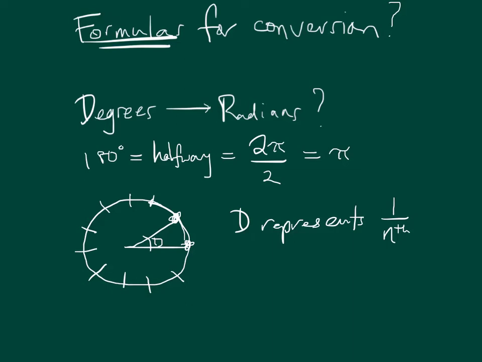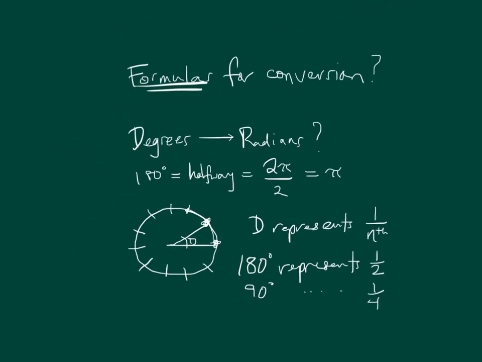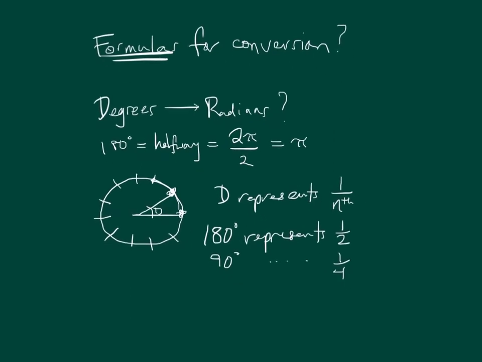Before we had 180 degrees represents 1/2, and we had 90 degrees, 1/4. And we can put a lot of numbers that are easy to deal with, right? But then I throw something at you, 14 degrees.